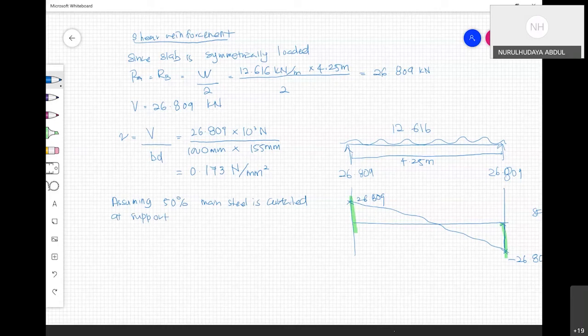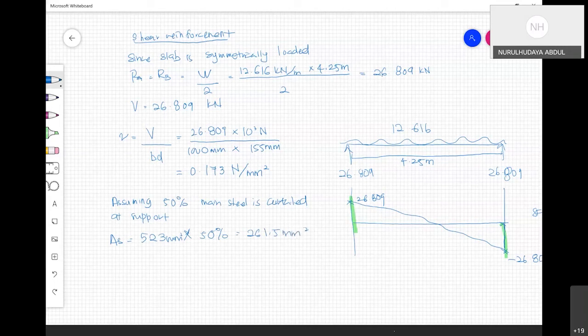Okay, jadi we have our AS yang kita dapat masa kita kira main steel, 523 mm square. Jadi kalau kita ambil 50%, kita akan dapat 261.5 mm square.